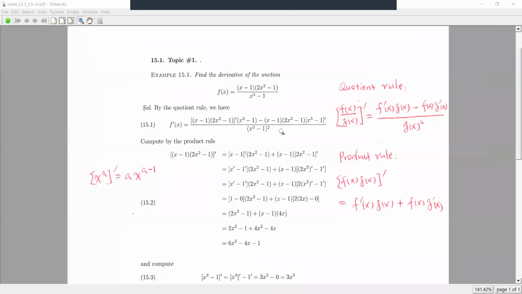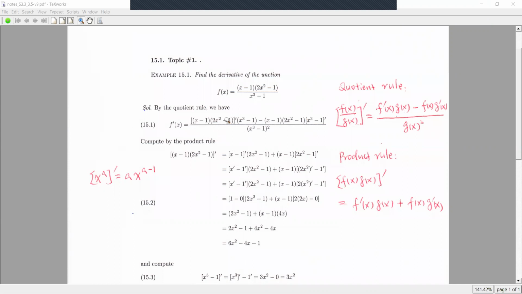In this expression, there are two derivatives that we need to compute. Let me compute them somewhere. After I get the result, I put the result back here.